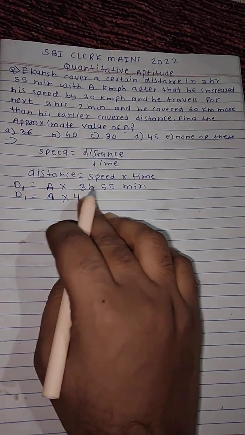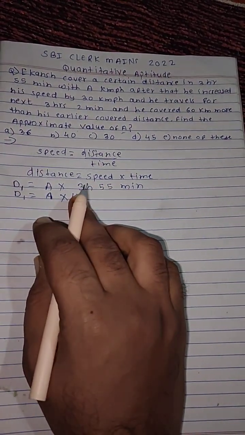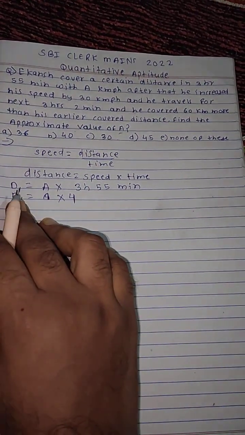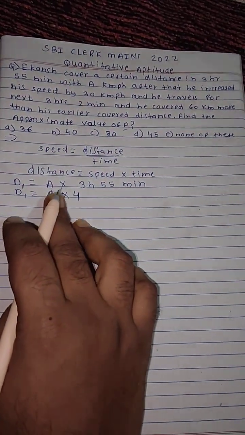So the distance covered in the first case, D1, will be A into 4.